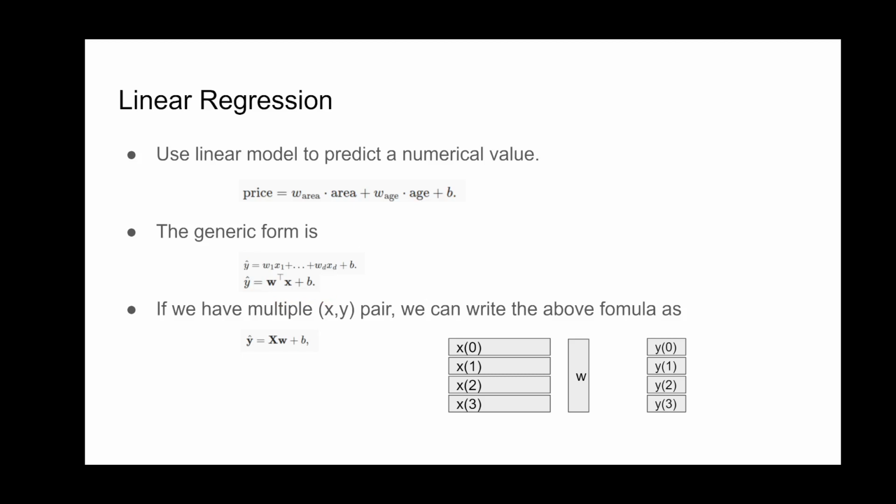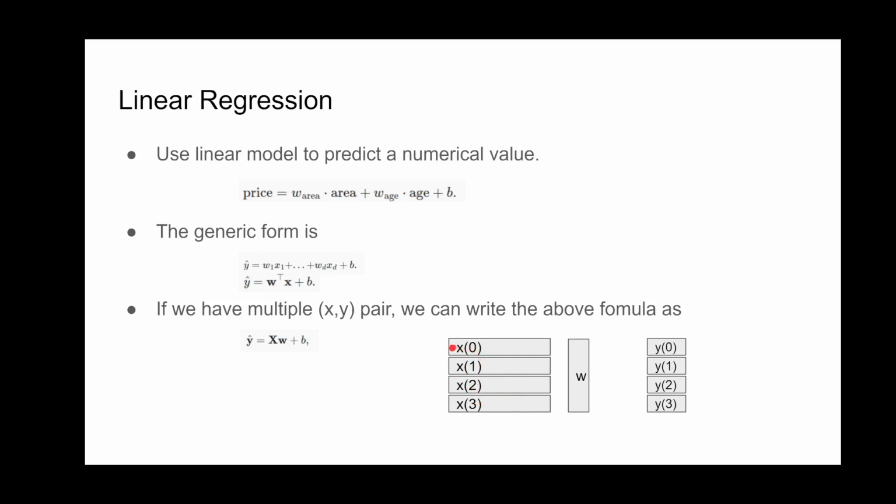If we have multiple X, Y pairs, we can write the above formula in this form: capital X multiplied by W plus B. We can explain this formula this way. The capital X is composed of a number of x, where each row is one sample, one input data point, in the data set.